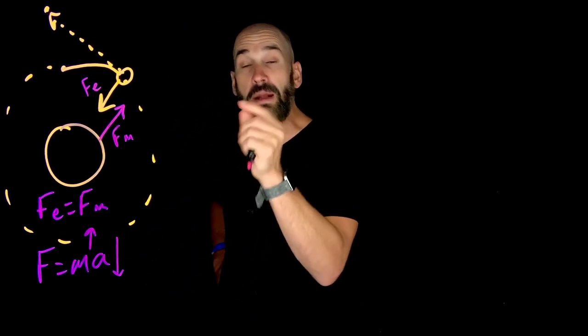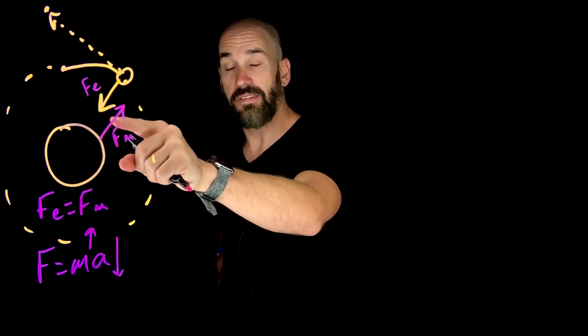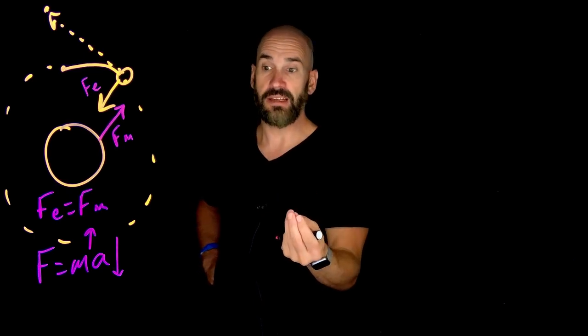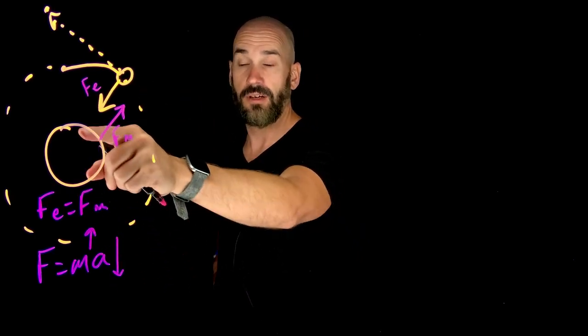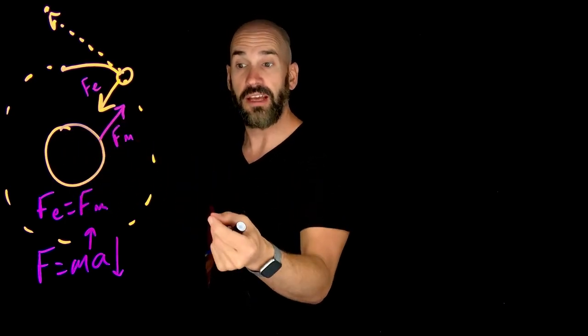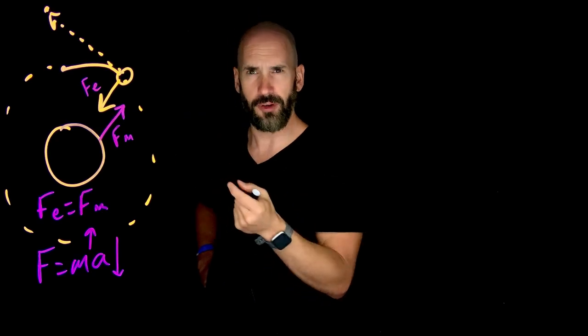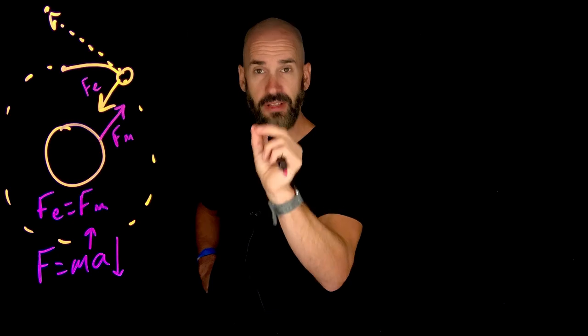So it appears as though the Moon has less of an effect on the Earth, even though it's the same force, because the Earth is so much more massive. The Moon's not going to affect the motion of the Earth as much as the Earth is going to affect the motion of the Moon. Okay, we're going to keep looking at these until they make sense.